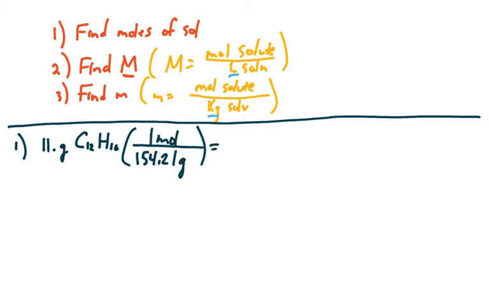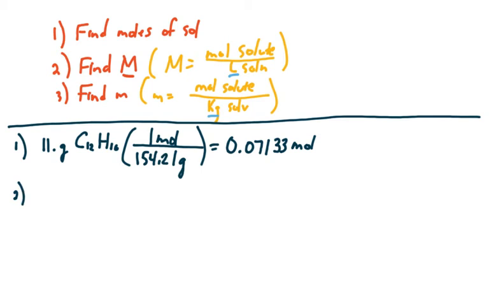If I take 11 and divide it by 154.21, I get 0.0713 moles. I'm going to leave it there. I'm not going to round it too much. I may even add another digit there just to make sure I don't affect my answer too much. So we can move on to step two.